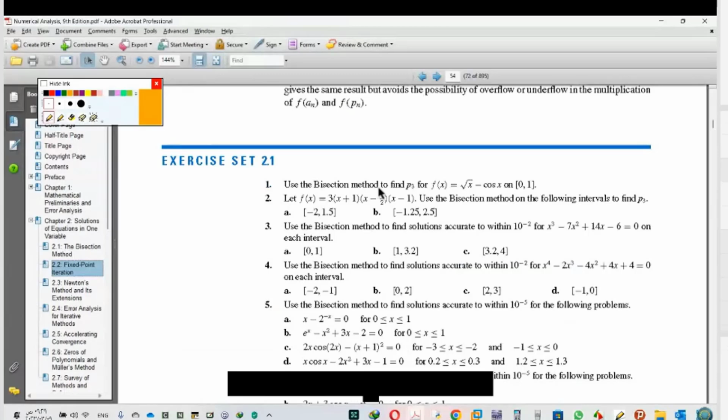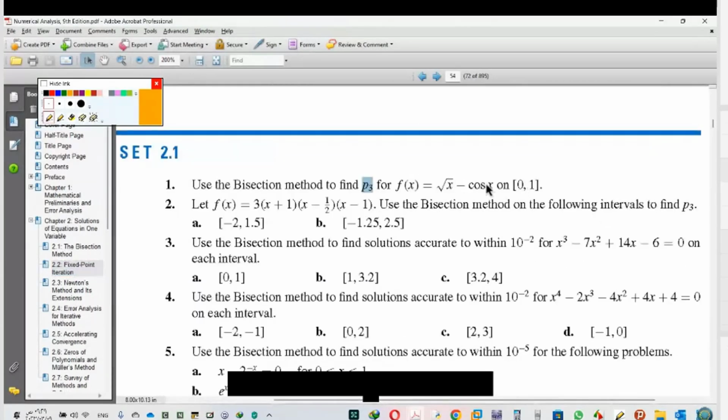Use the bisection method to find B3. In the exam, you have two ways for questions. First one, he asks me to find just B3, so I have to calculate B3. Should I calculate the error? No. In the exam, he asked me just to find B3, and this is the formula.